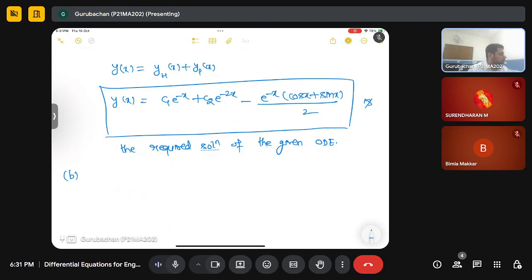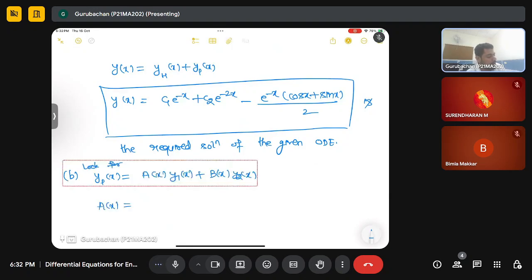So let me recall exactly what the variation of parameters is. In case of variation of parameters, we look for yp as some a(x) y1(x) plus b(x) y2(x), and the value of a(x) is nothing but minus the integration of y2(x) r(x), I will let you know what r(x) is, divided by the Wronskian of y1, y2, which is a function of x, dx.